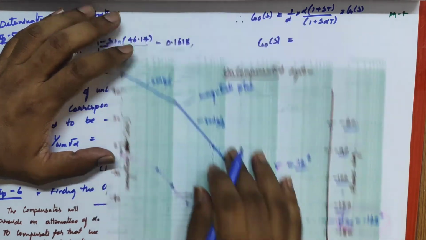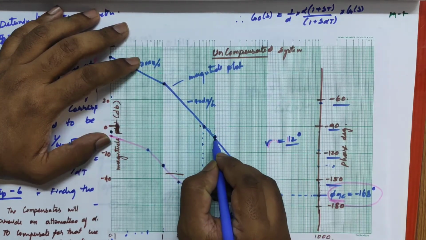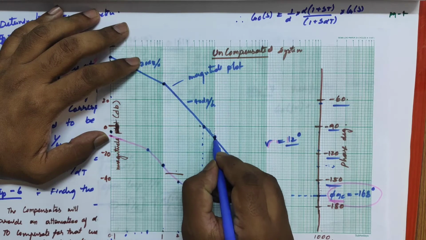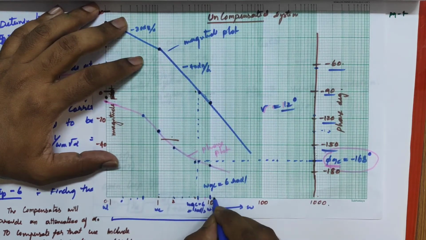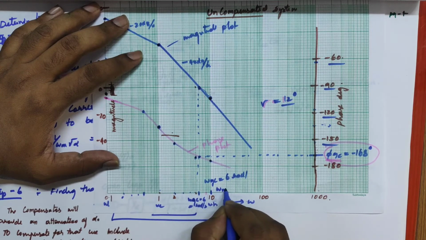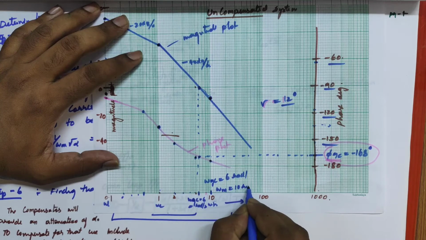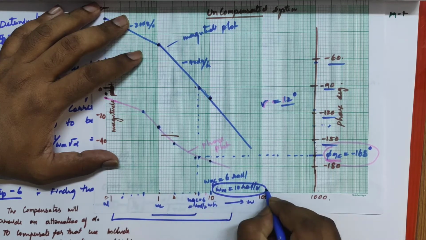So we are getting a minus 8 dB value. Where is that 8 dB value? Already we found it, here. That frequency is called omega m. Here omega m equals 10 radians per second.